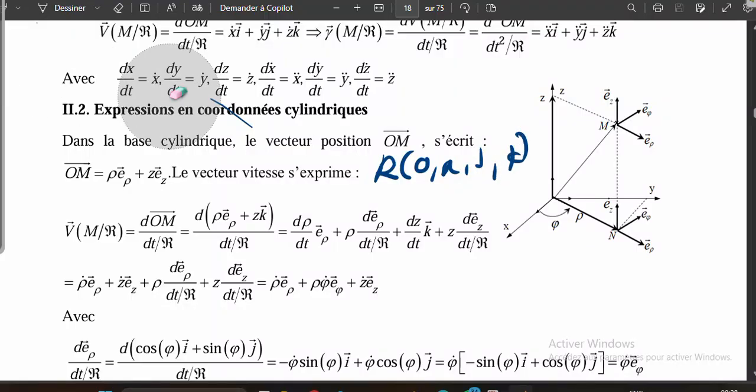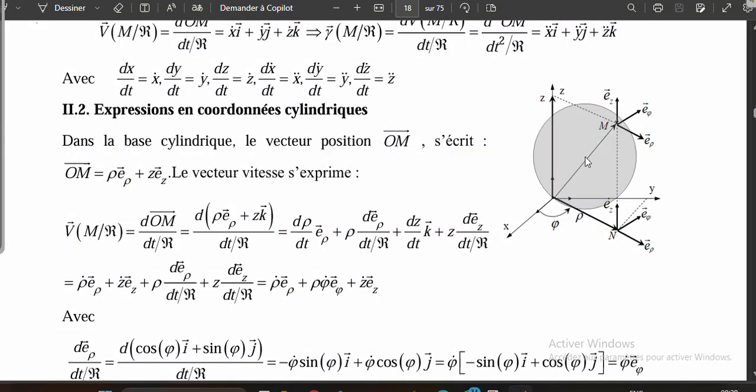What does this mean? This means that the only vectors that are fixed in R are i, j, k. Which means that the unit vectors e rho, e phi are not fixed. Only ez is fixed, that is, only k is fixed.